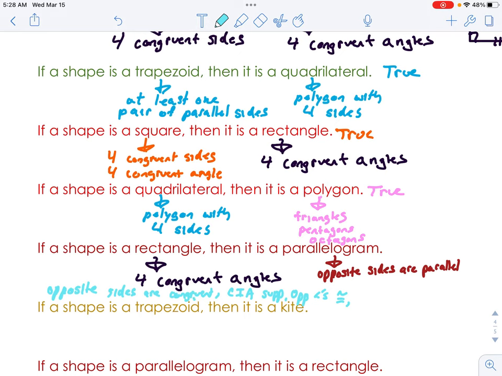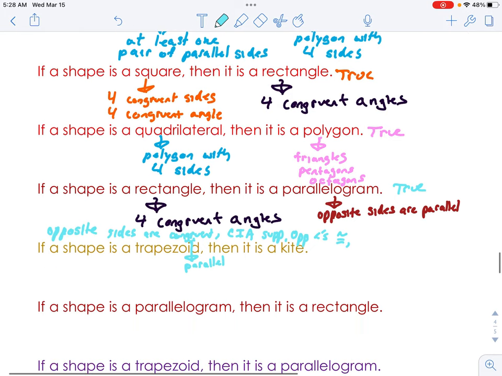This is going to look terrible, but I'm just going to put it here, parallel. Alright, it's actually true. A rectangle is a parallelogram. It has all the same properties as a parallelogram. It's just the fact that all the angles are right angles. It's just a parallelogram with a bunch of right angles. That's all it is.